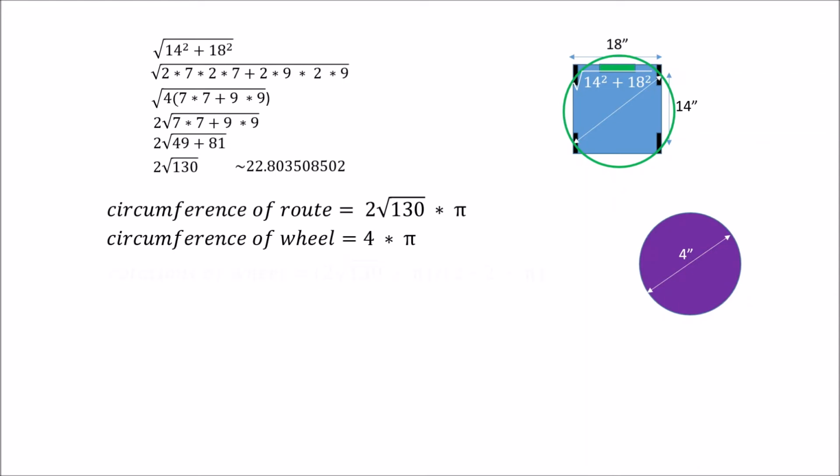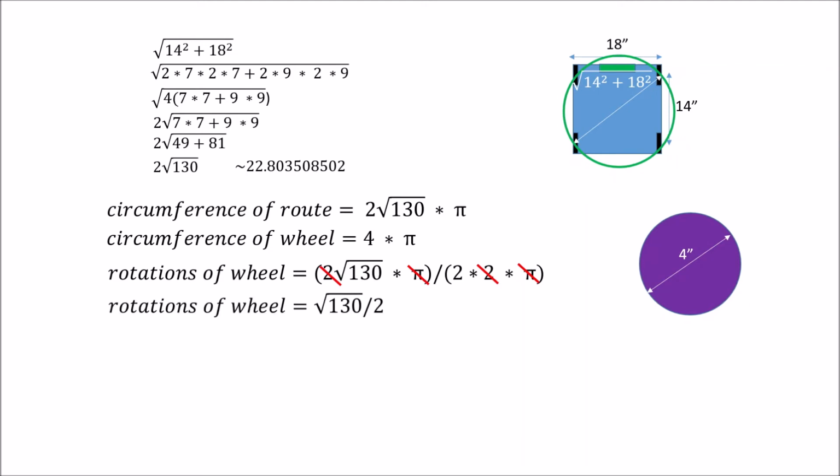Therefore, the number of rotations of wheels that it takes to complete this circle is 2 times the square root of 130 times pi divided by the circumference of the wheel, which is 2 times 2 times pi. We can eliminate the pi from top and bottom, and we can eliminate one of the 2's from top and bottom, which tells us the rotations of the wheel are actually the square root of 130 divided by 2.